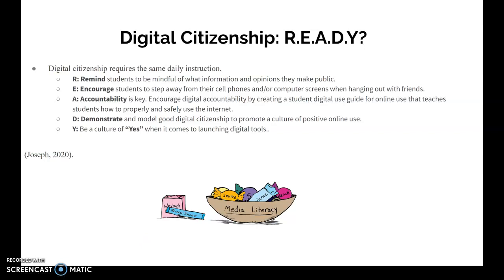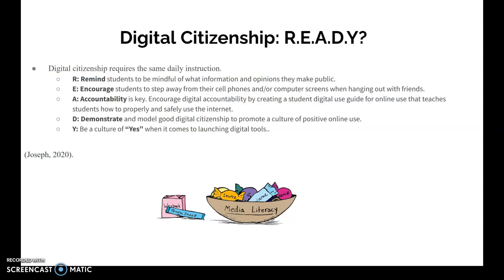Digital citizenship requires some daily instruction. And the acronym is READY. R means to remind students to be mindful of what information and opinions they make public. E is to encourage students to step away from their cell phones or computers and hang out with their friends. A is accountability.